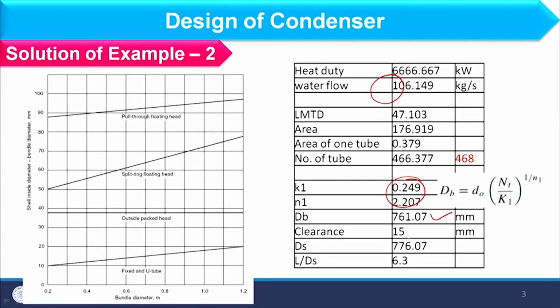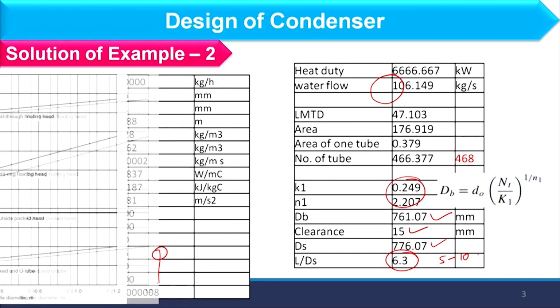So, considering bundle diameter as 0.76, it will lie somewhere here, and you can see the value of clearance, and that should be equal to 15. Okay. Then we can find out shell diameter, and finally we can find out L by D ratio, which is within the limit. So, this condition is satisfied.